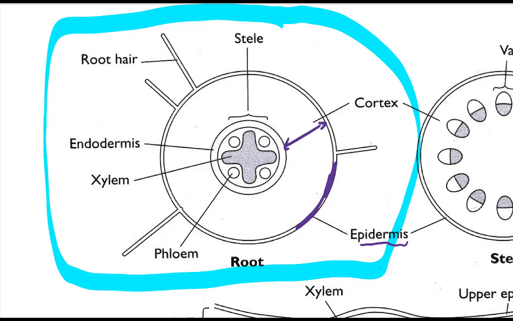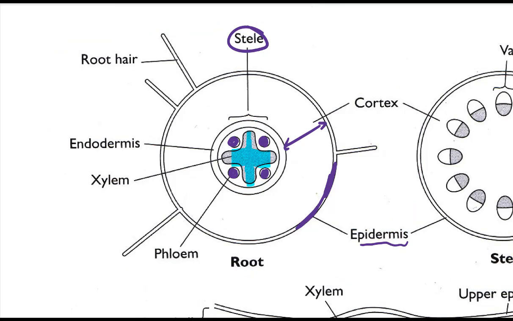And then we've got the central part, this big area in the center, which is the stele, and it is composed of the endodermis, which is a layer going around the outside, and within the stele then we find the xylem, which is this area here, surrounded by little parts of phloem. So the vascular bundles in the root are found within the stele.